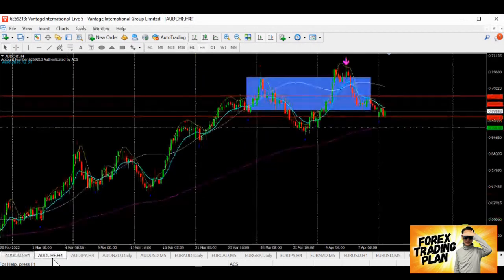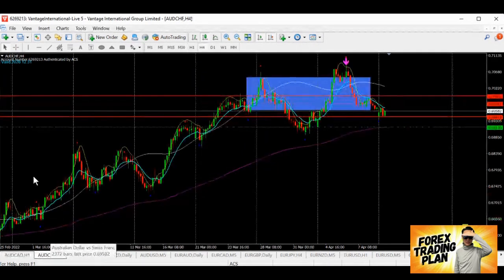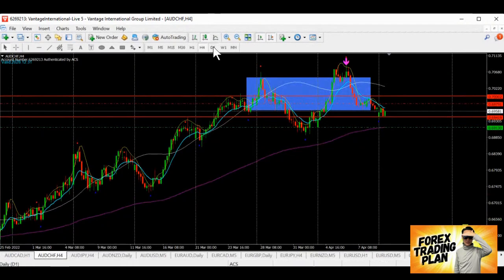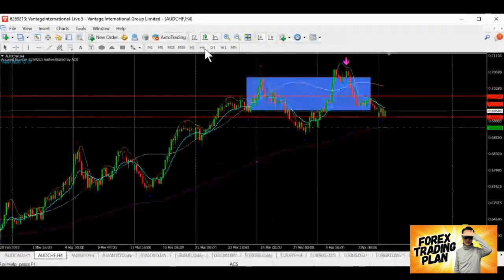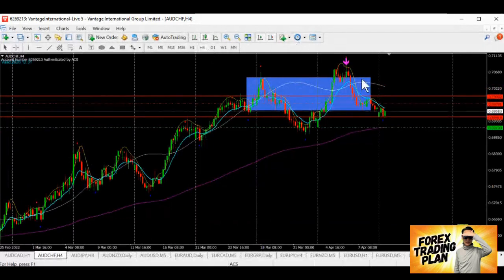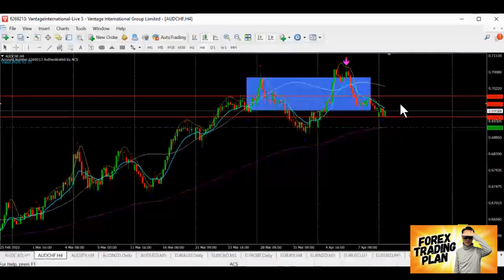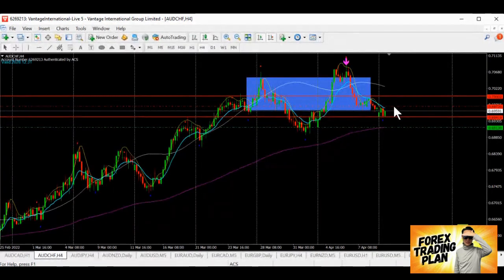As for Aussie franc, right now I will not give a short. Why? Although we are also in the selling trend, today it seems more like a retracement, so the selling trend doesn't give me a very promising sell.